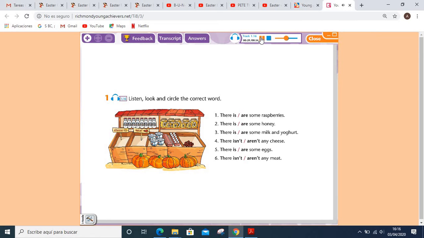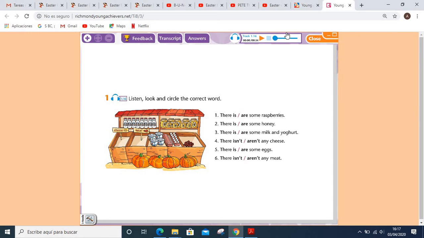There's some milk and yogurt. It's so fresh and creamy. There isn't any cheese. What a shame. I love cheese. But there are some eggs. They look very fresh. Oh no! There isn't any meat.